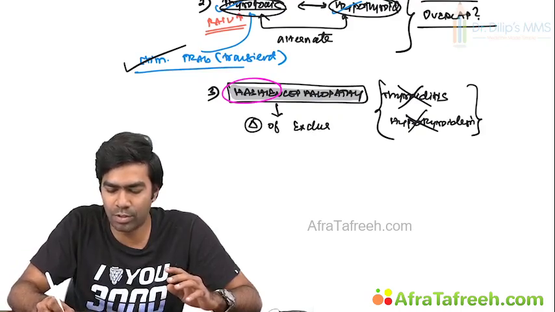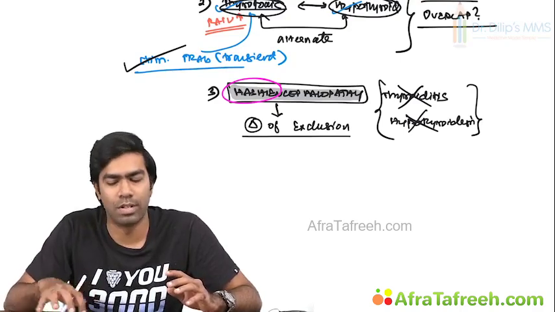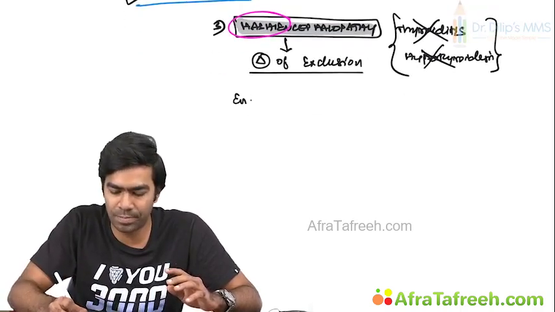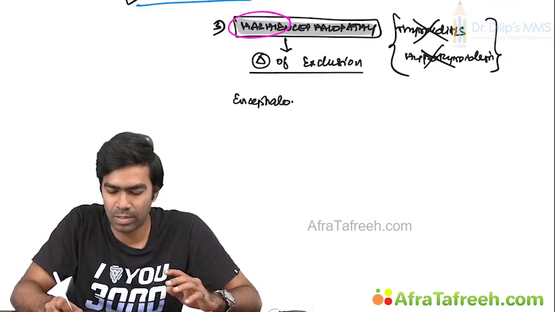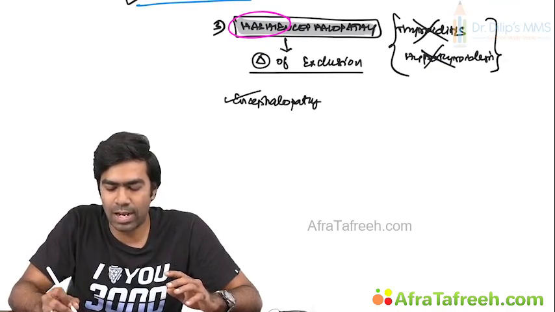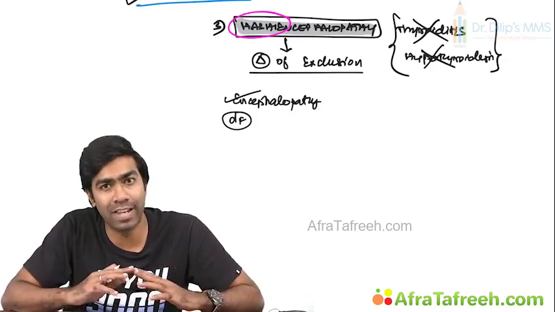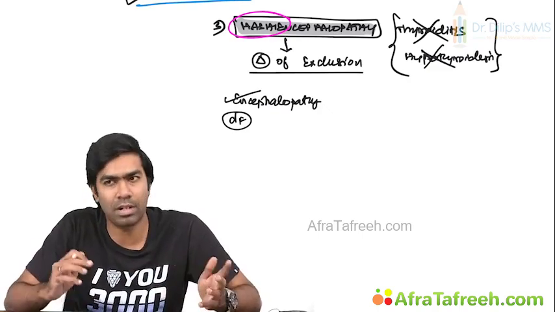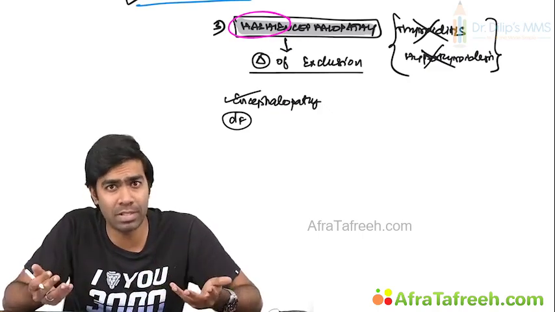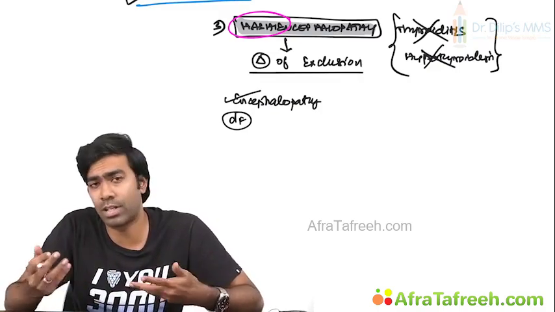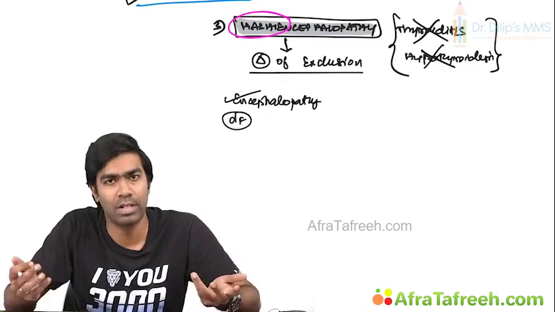It's not a diagnosis of inclusion, it's a diagnosis of exclusion, which means the patient is coming with an encephalopathy. The clinical features of encephalopathy in Hashimoto's encephalopathy patients will vary very widely. It can be an acute presentation, a fulminant presentation, a subacute presentation, or even some chronic presentations have been described.